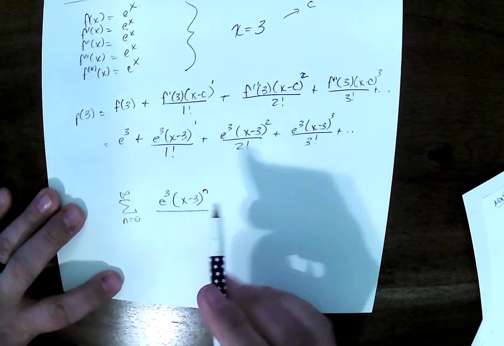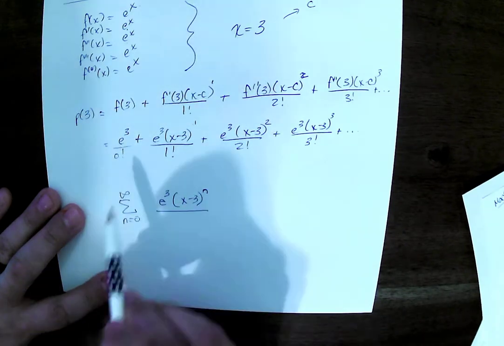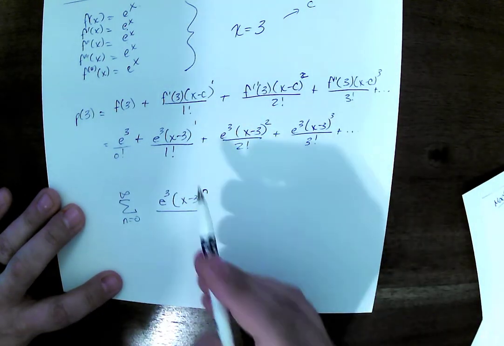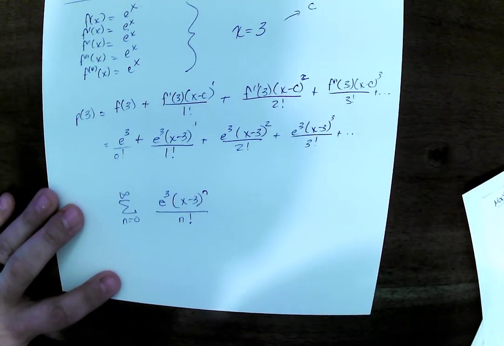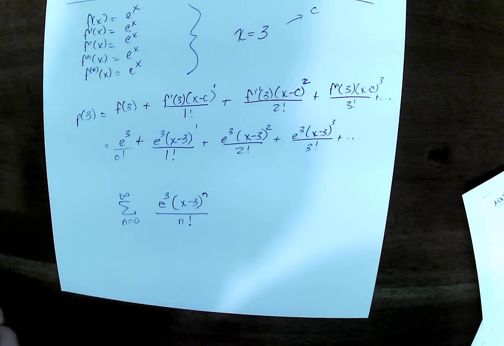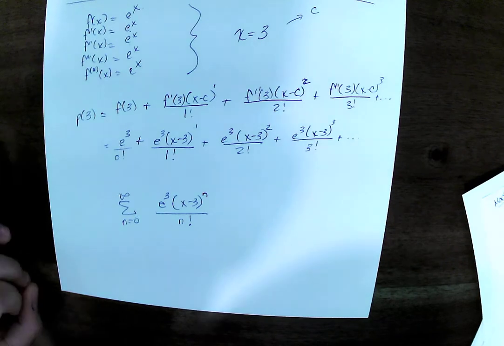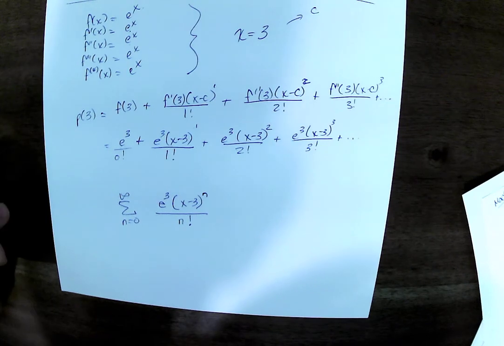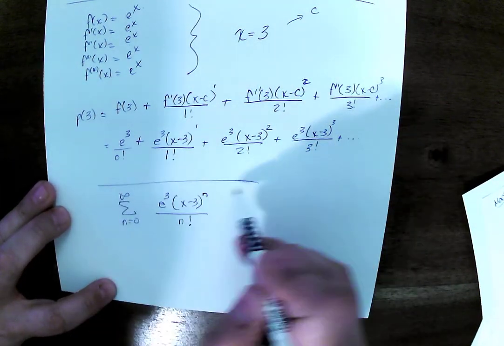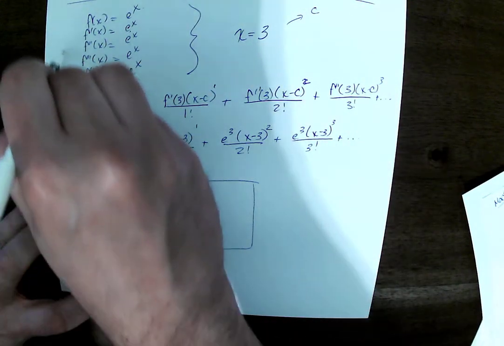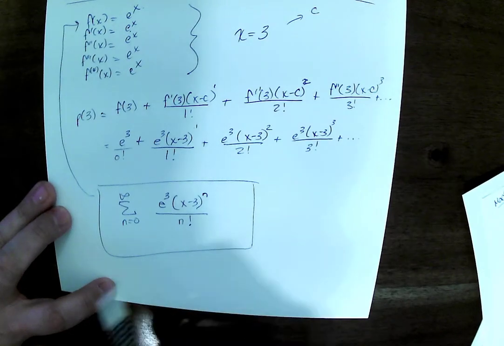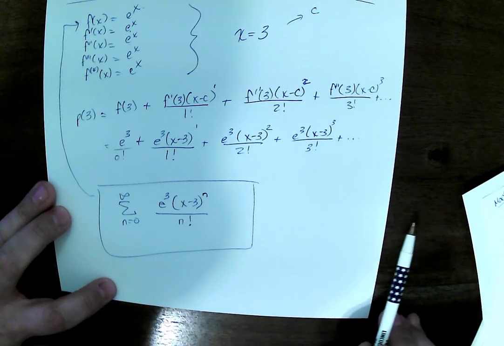Then we divide by n factorial; for the first term we can write this as 0 factorial, which is also 1. This ends up being the sum from n equals 0 up to positive infinity of e to the third times x minus 3 to the power of n, divided by n factorial, and this will very closely match our original function, e to the x, if you take n out further and further.